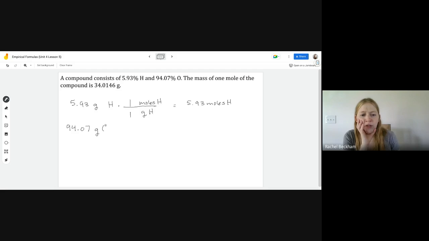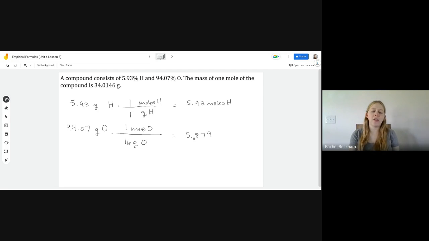94.07 grams of oxygen. We need to convert that to moles. So 1 mole of oxygen for every 16 grams. I just got that from the periodic table. So we're doing 94.07 divided by 16, and I'm getting 5.879.